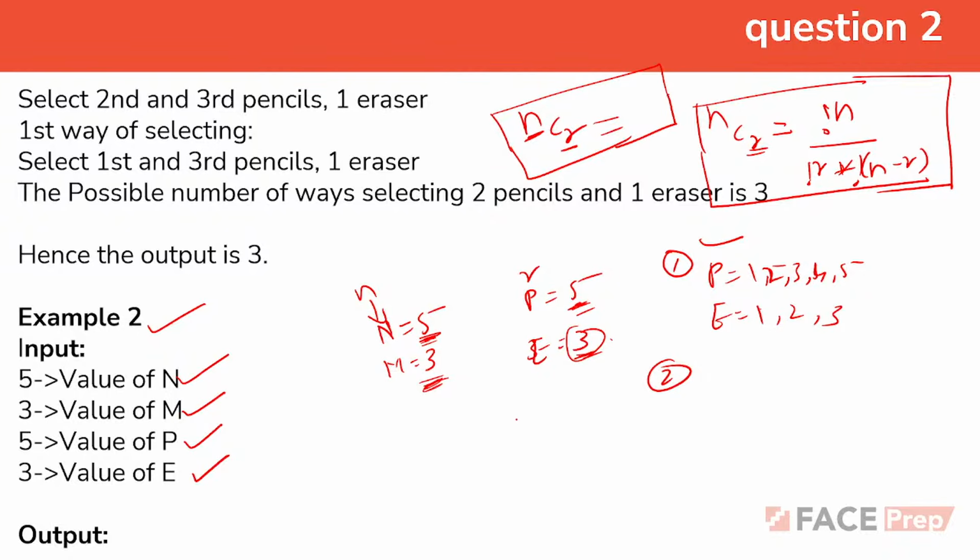NCR is going to be 5 factorial divided by r factorial, which is 3, multiplied by factorial of n minus r, which is 5 minus 3, that is going to be 2. So now let's just find the values and apply them. So 5 factorial.